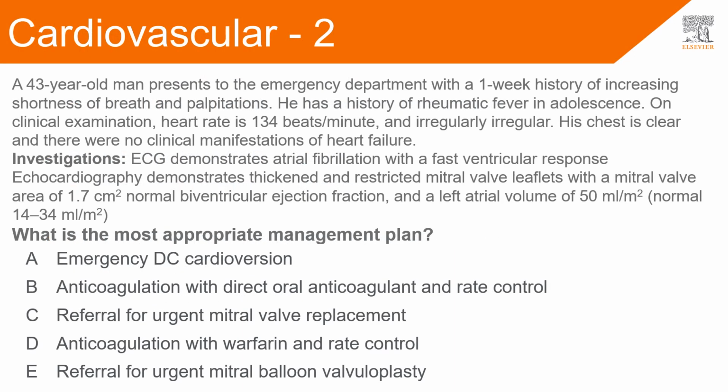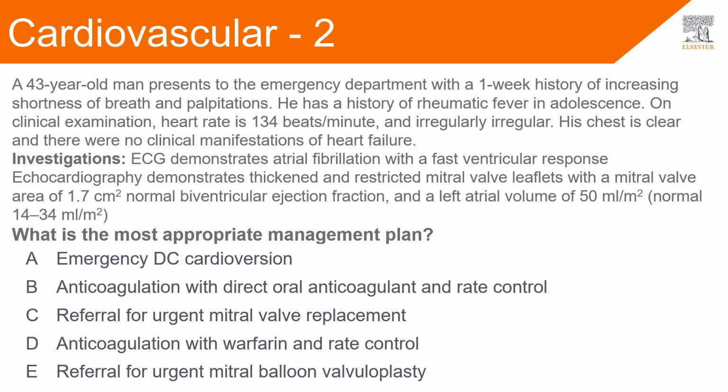Let's crack on with question number 2. We've got a 43-year-old man that presents to the emergency department with a 1-week history of increasing shortness of breath and palpitations. He's got a history of rheumatic fever in adolescence. On examination, his heart rate is 134 beats per minute and is irregular. His chest is clear. There are no clinical manifestations of heart failure.